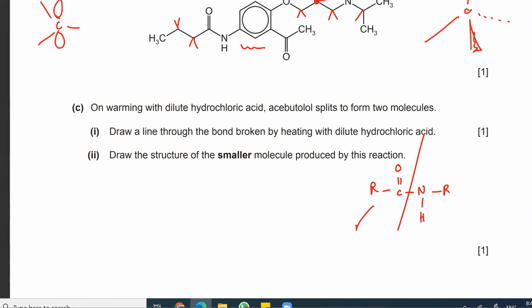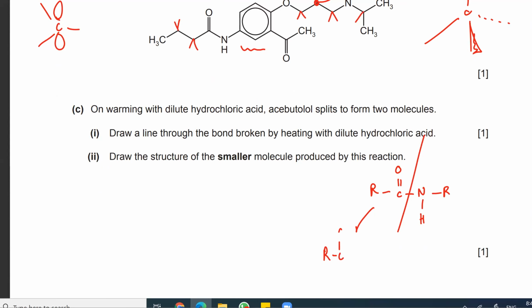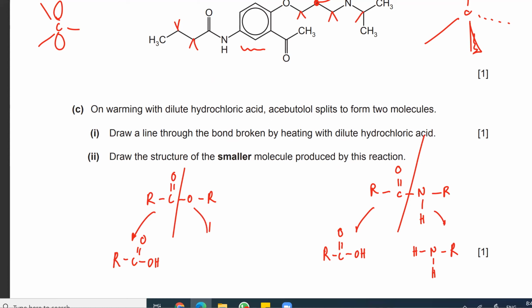This part will turn back into a carboxylic acid, and this other part will turn back into an amine. The same is true for esters. Whenever you have an ester, you heat it with dilute acids. The ester will break. It will form a carboxylic acid, and this one will form an alcohol.